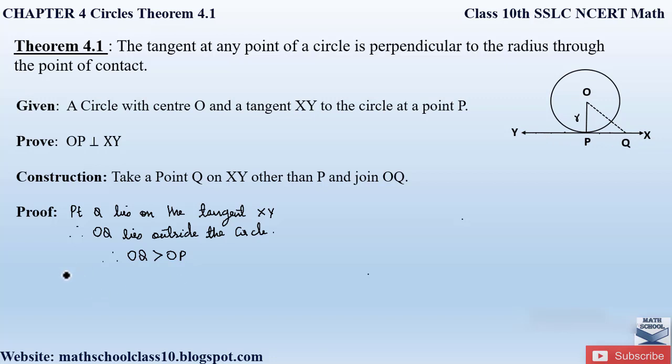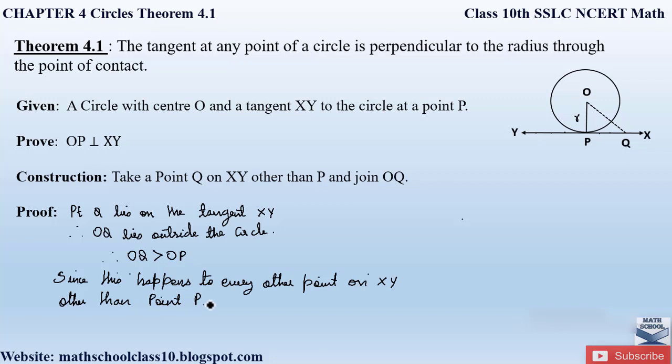So write down, since this happens to every other point on XY other than point P, therefore OP is the shortest distance compared to the other points on XY.